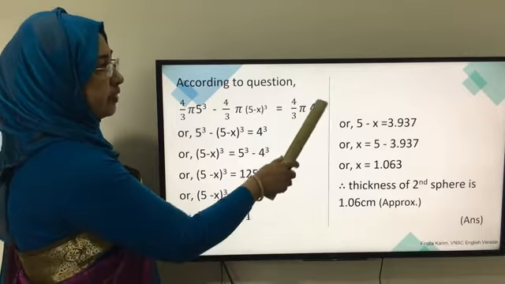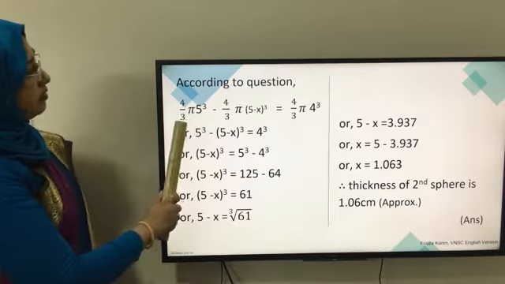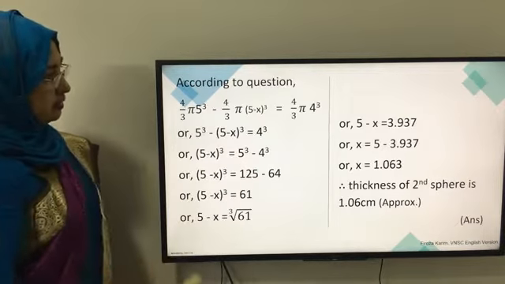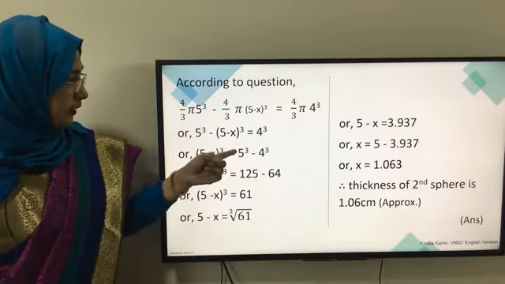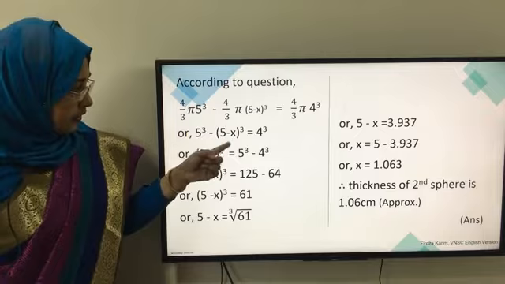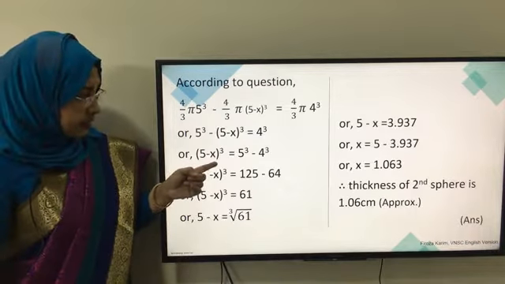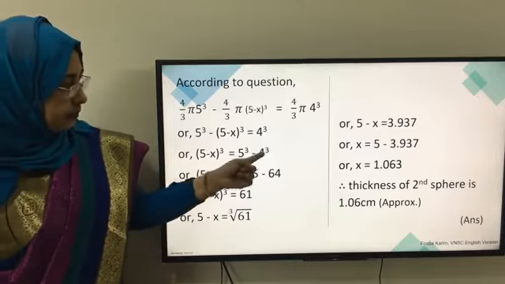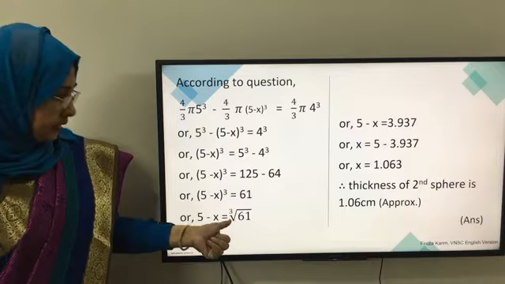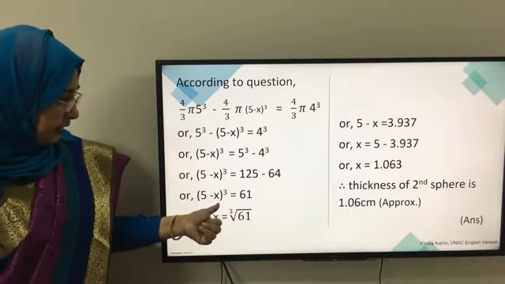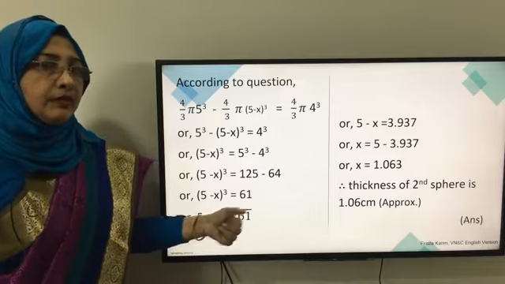So this is the volume of the material. So cancel from both sides the common terms, that is 4 by 3 into pi. Okay, so the calculation should be done by you. We can write (5 minus x) whole cubed equals 5 cubed minus 4 cubed, and do it yourself, you will get lastly (5 minus x) whole cubed equal to 61.